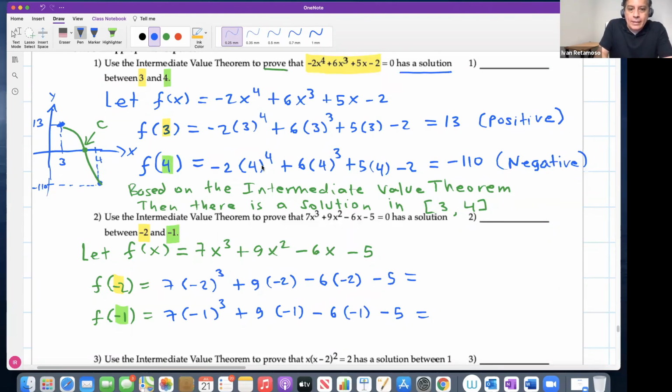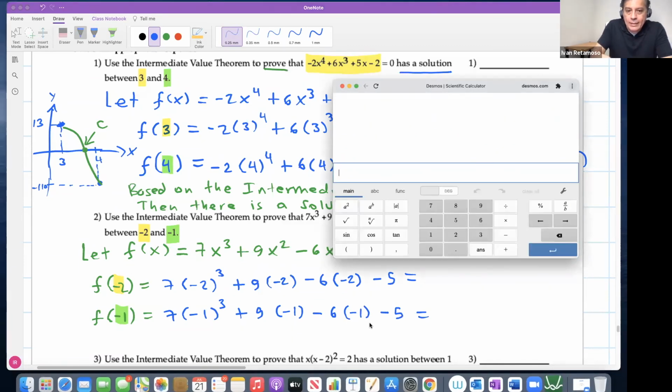This time, guys, I'm gonna do it using the calculator, for you to see how you compute this using your scientific calculator. Well, you start with 7, then you use parentheses. Very important to use parentheses because we're evaluating this expression at a negative input value. Without the parentheses, the computation is not going to be correct.